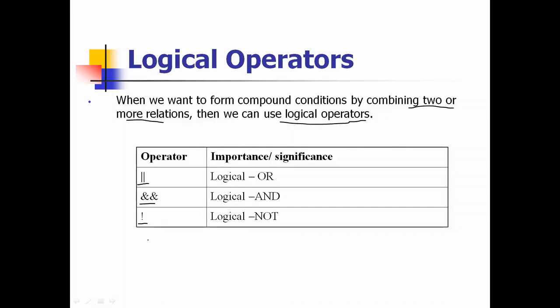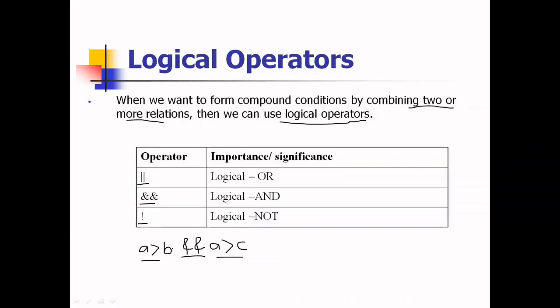For example, you can form compound conditions like you may say A is greater than B, and you may also use it like and A is greater than C. So here by using this logical operator and, you are combining two conditional statements. That means you are forming a compound condition by using the AND operator here.